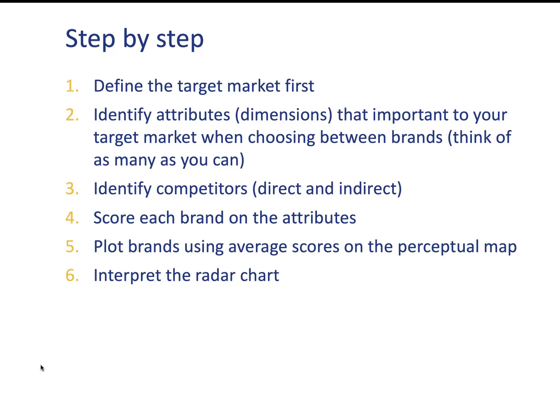Number 2, identify attributes or dimensions that are important to the target market when choosing between brands. Think of as many as you can, and then you can filter out those that are not important. Say someone is buying a computer and your target market are tech-savvy, high disposable income, living in central London. You might think, what might be important to those people? Maybe it's speed, power, brand name, and all of those things.